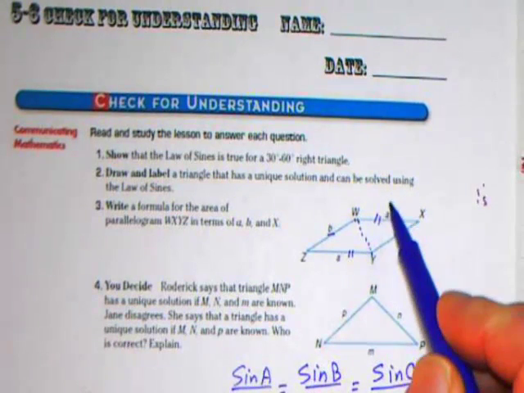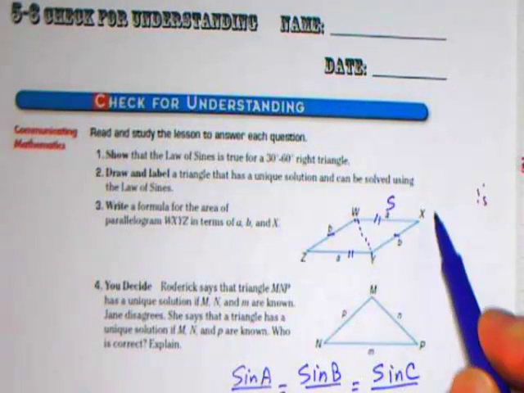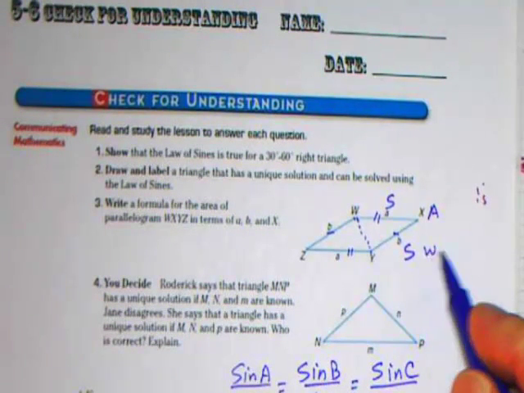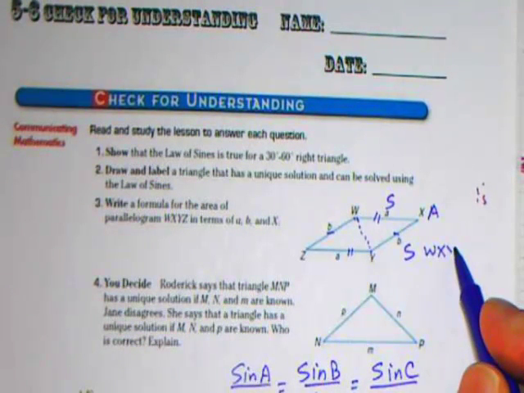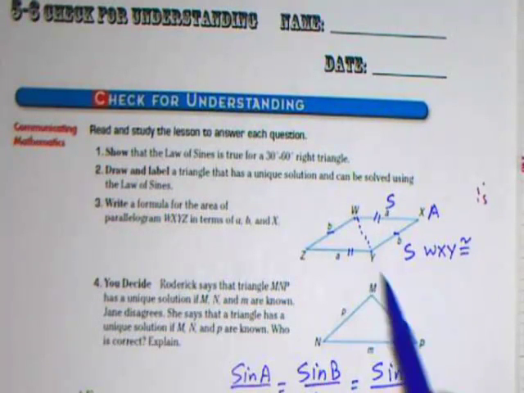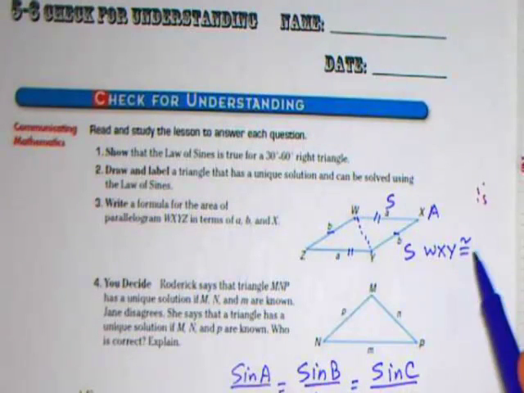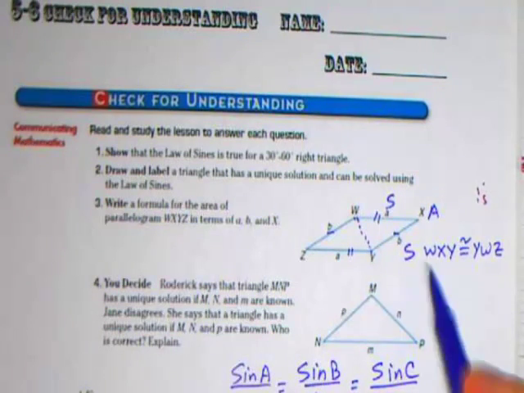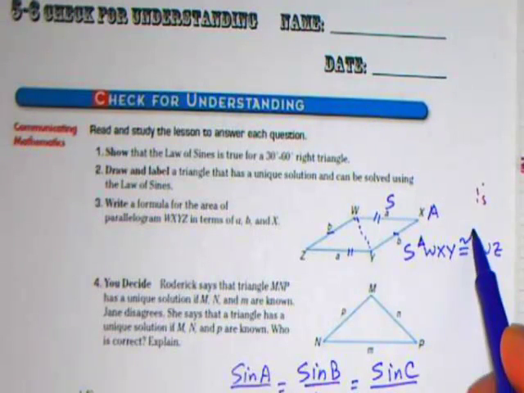And notice that that gives us a side angle side pattern for the WXY triangle, and that the WXY triangle is congruent to the YWZ triangle. So these two triangles are congruent to each other.